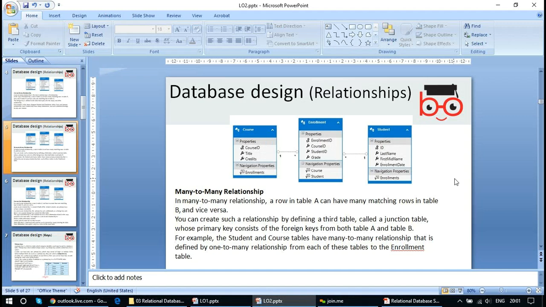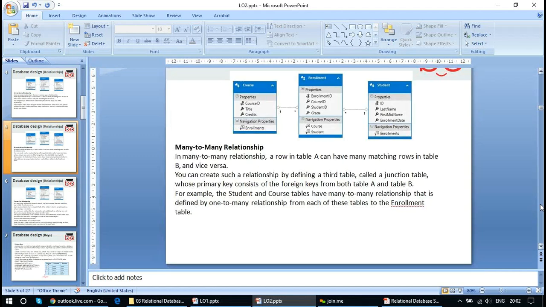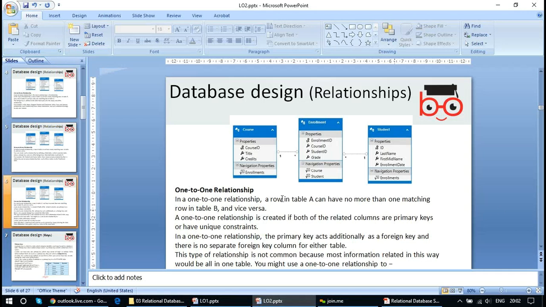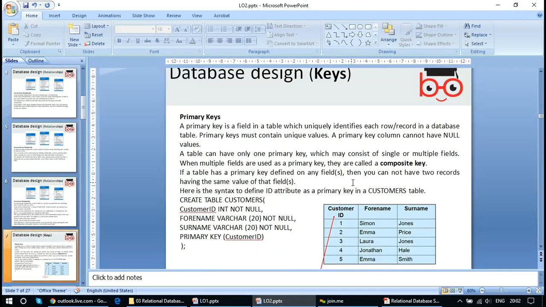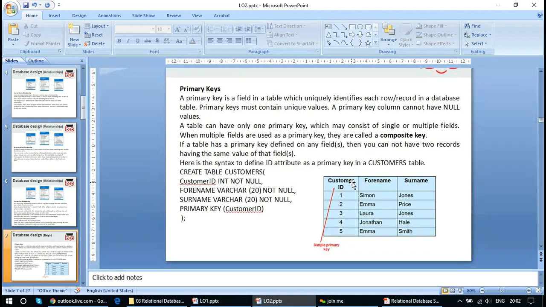Otherwise, literally, it is not possible, as I explained to you yesterday as well and today. A one-to-one relationship is simply that there is no more cardinality. And then, it's a primary key and the foreign key.